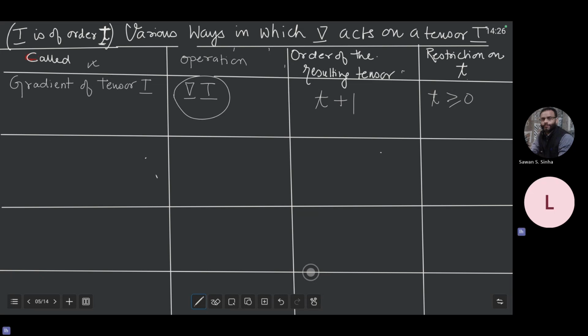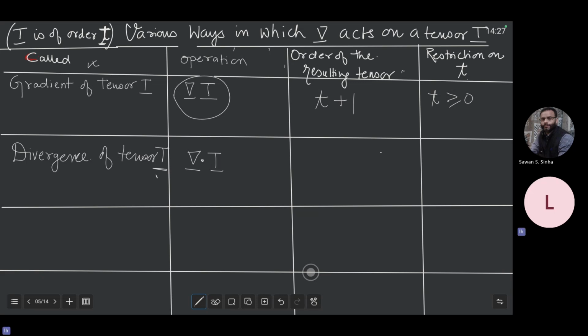The second way in which it acts is called the divergence of tensor T. What is the operation? Operation is this: dot product between the gradient operator and that tensor. Any guess what will be the order of the resulting tensor? T minus 2. Oh, you said 1, I thought.